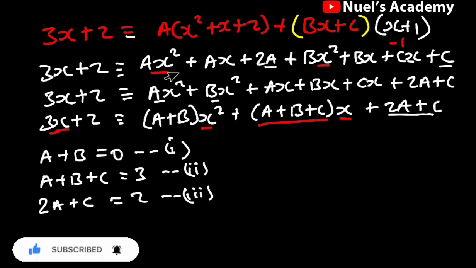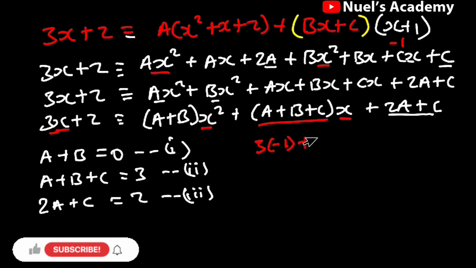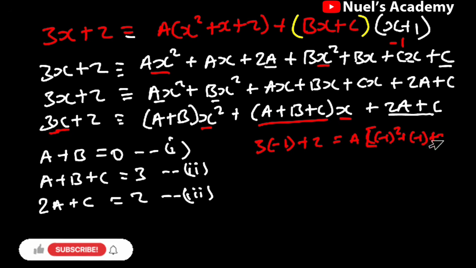So from the left hand side we have 3 multiplied by -1 plus 2 is equal to a multiplied by ((-1) squared plus -1 plus 2).